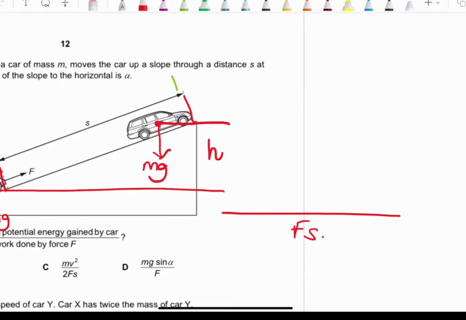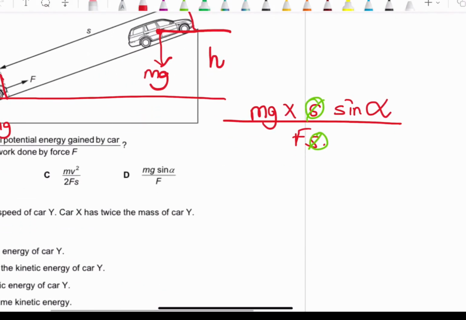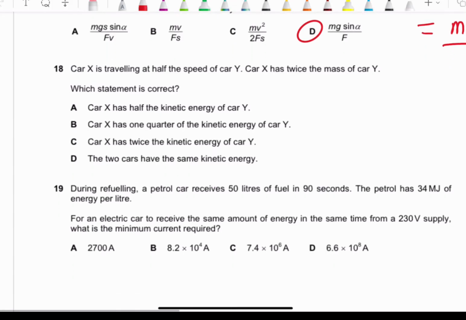The work done is mg multiplied by, remember, s sine alpha. But this is the same as that, so they can cancel out, and I'll be left with mg sine of alpha divided by f, which is going to be d. Very important.